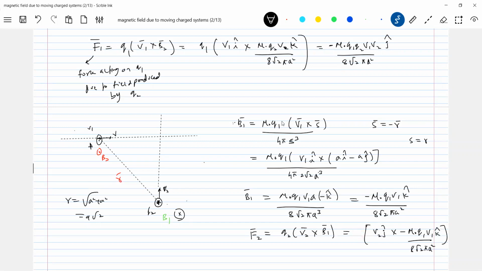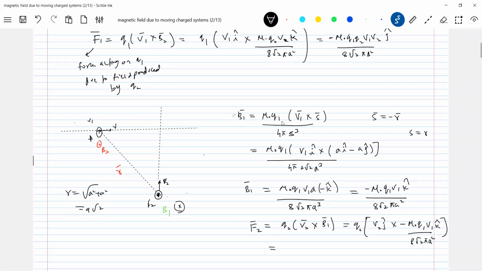This is q2. Final value F2 should be, and J cross K will be I. I am getting J cross K is I, so this will be minus of mu naught q1 q2 v1 v2 by 8 root 2 pi a square minus I cap.